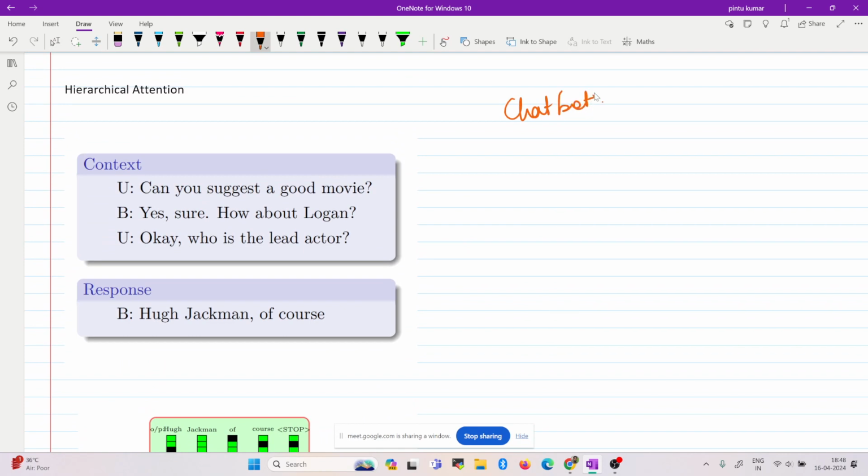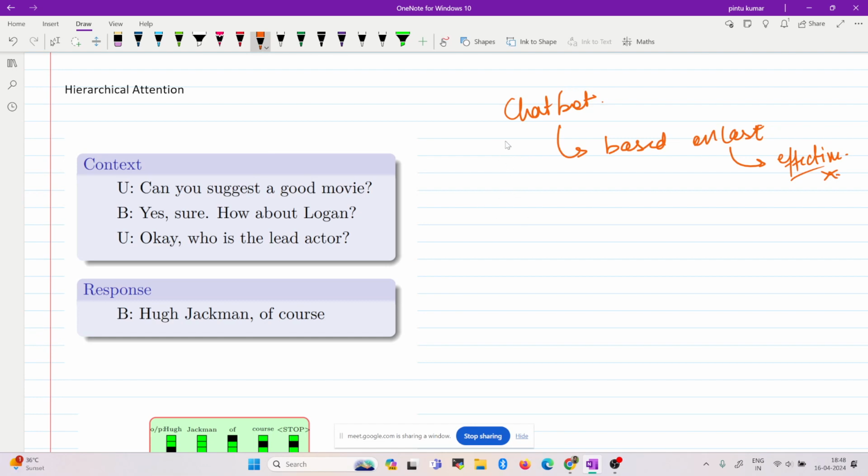Like you might have encountered many chatbots, what they do is they reply just based on the last response that you have sent, right? They don't care about whatever we were talking about earlier, but it will respond only on the last message that you have sent. Okay, but we don't find these kinds of chatbots very effective. These are not very efficient chatbots.